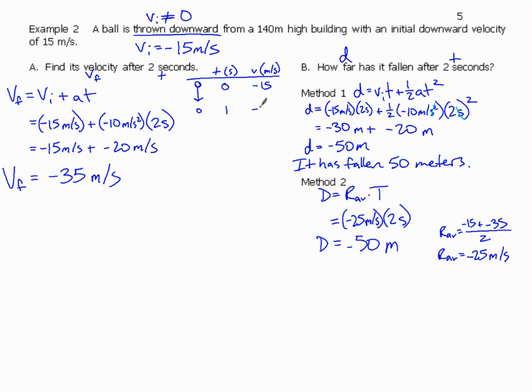Its velocity is now 10 meters per second down greater. After 2 seconds, it might be here, negative 35, 3, negative 45, 4, negative 55, and so on as it falls. Its velocity is increasing in the downward direction by 10 every second.